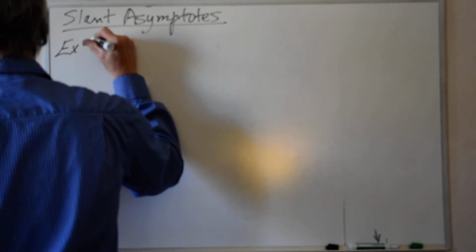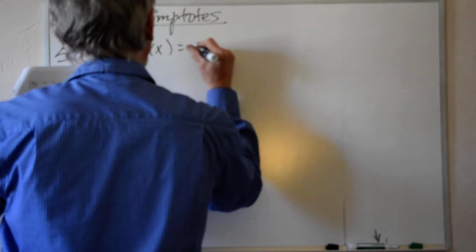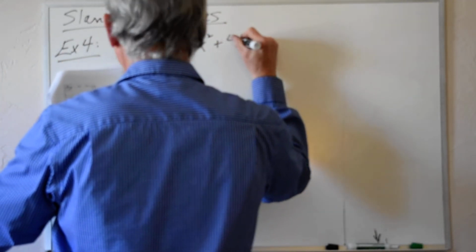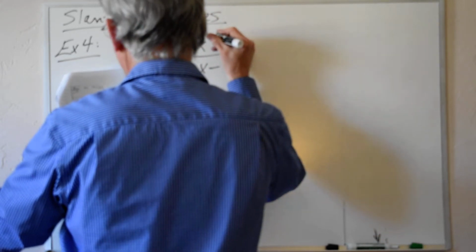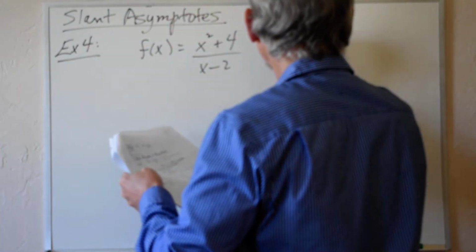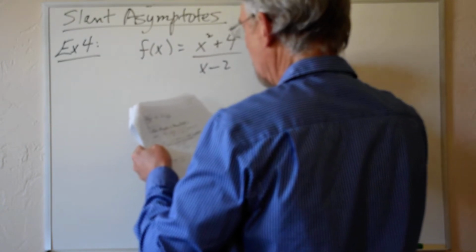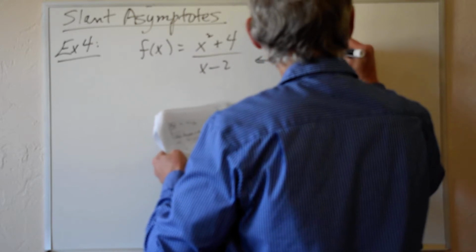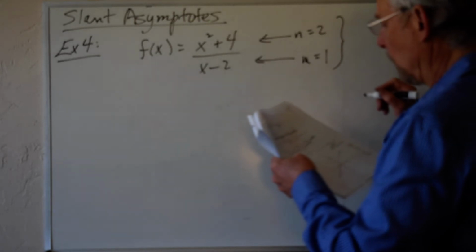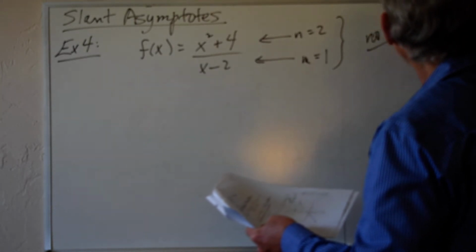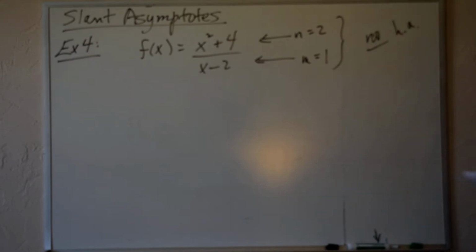Look at example 4. F of x equals x squared plus 4 over x minus 2. I see that n is equal to 2, m is equal to 1, and as we just did in the example we just finished, we say, oh, there's no horizontal asymptote because n is bigger than m.